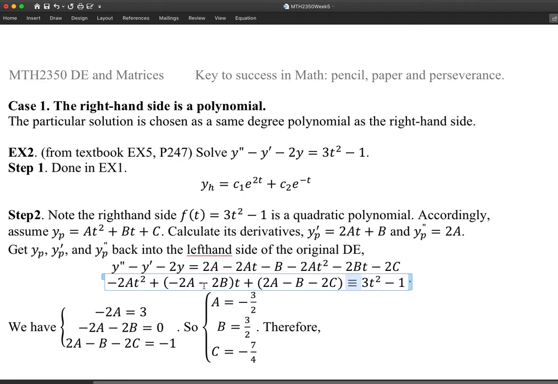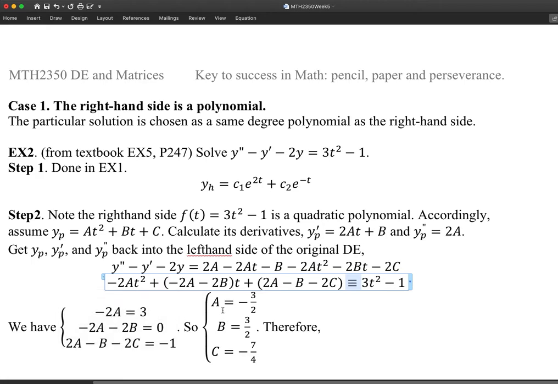So I said negative 2a minus 2b, that's 0. And then finally, whatever it is, it has to be a constant, right? And it will have to match that negative 1 from the right-hand side. So this is a system of 3 equations with 3 unknowns. We should have a unique solution. At least we should have one solution here, right?